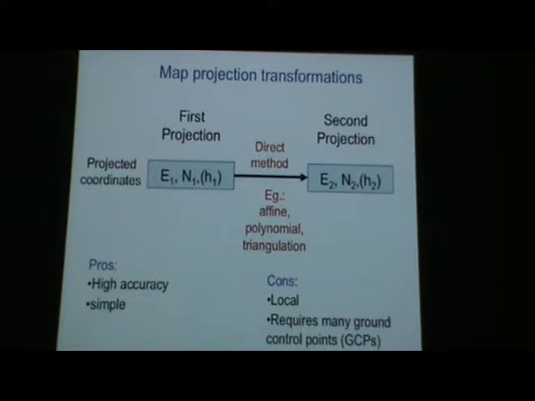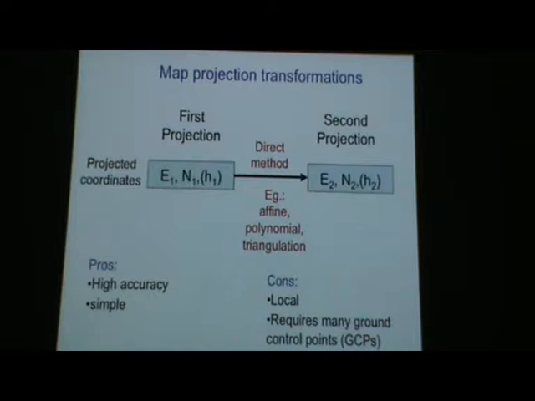H is the elevation above the reference level, ellipsoid or geoid. You can use direct methods to convert between those two coordinate systems, for example, affine or polynomial, linear or quadratic transformation, or triangulation between known points, so-called GCPs.